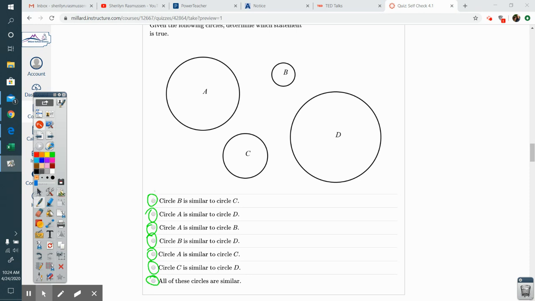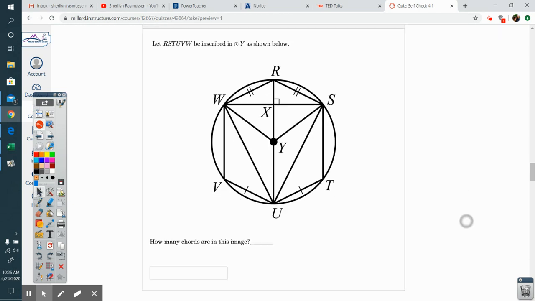In a quiz that I took earlier, it didn't have this last option, so you had to click every one. So it just depends on what your test says. But this one just says which statement is true, not that more than one could be correct. So if you don't have the option for all of the circles are similar, then click each one. If there's the option that all of the circles are similar, then just click that one.